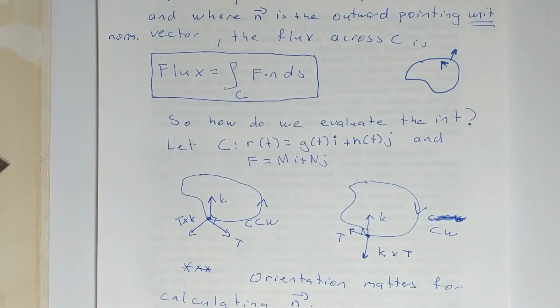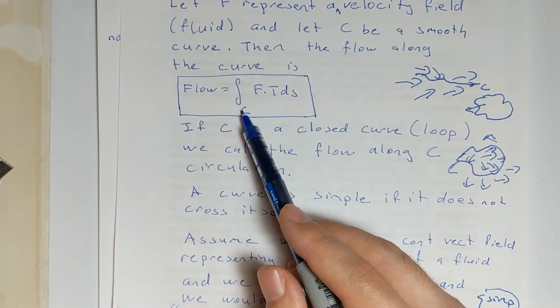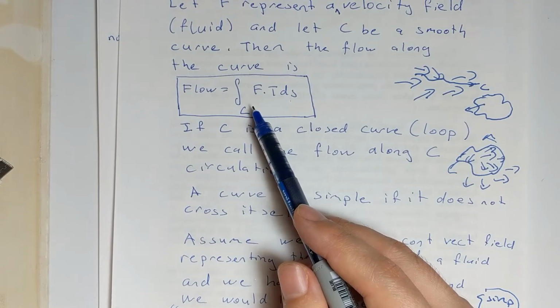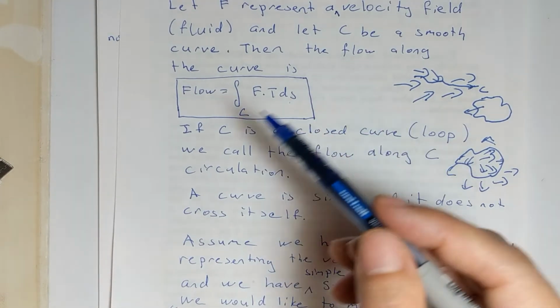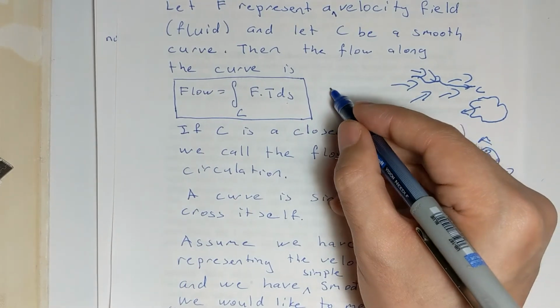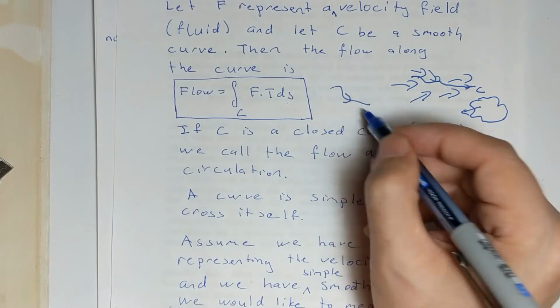Now, remember when we were doing the F dot T, the flow integral or the circulation integral. Oh, guys, I forgot to say something. This flow integral, if the curve is closed, is called the circulation. If the curve is not closed, flow along it is just flow.